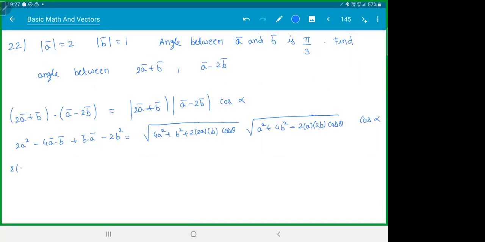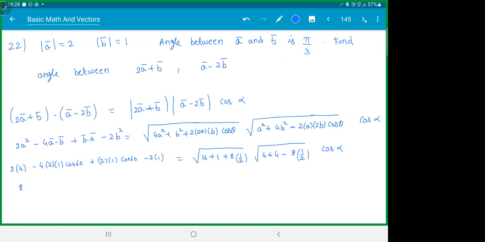So this will be 2 square, that is 4, minus 4ab, that is 4 into 2 into 1 into cos 60. This will be root over 4a square, that is 16, plus 1 plus 2 into 4 into 1 into cos 60, that is half. Then a square is 4, plus 4, minus 2 into 2 into 4 cos 60, which is half, into cos alpha.